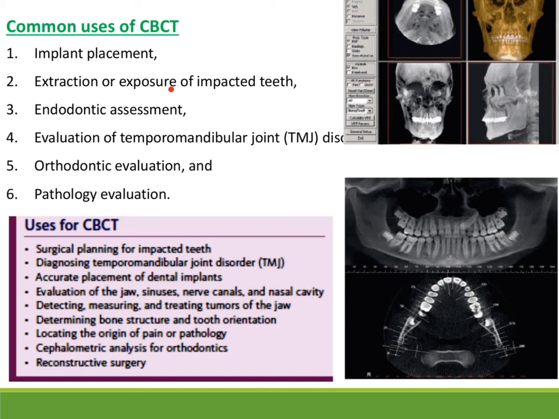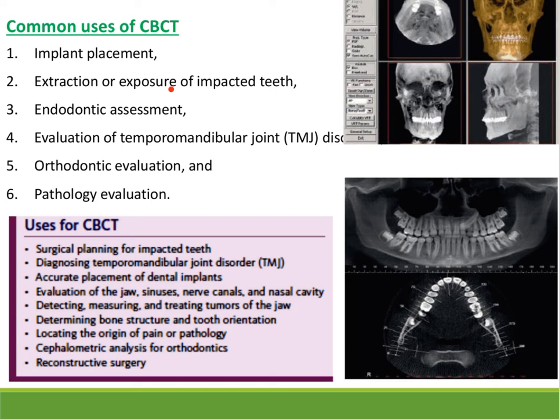You check the relationship of the nerve with the tooth, the roots, so that when you are surgically removing the tooth, there should not be any problem. So, likewise, when you want to place an implant, you also have to know about the nerve position so that your implant should not hurt the inferior alveolar nerve or the sinus itself.